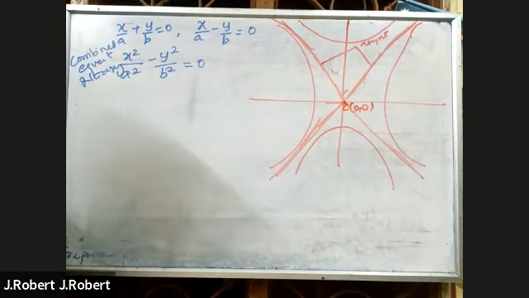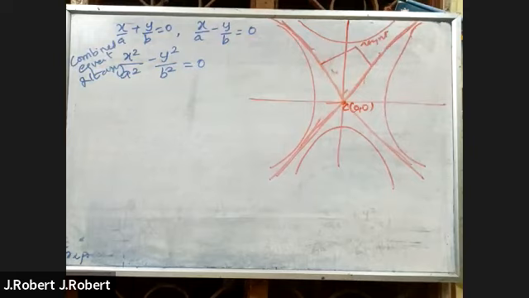From this we can understand one thing. Equation of hyperbola பாருங்க, x square by a square minus y square by b square equals to 1, isn't it? இங்க asymptotes உடைய equation பாருங்க, x square by a square minus y square by b square equal to 0. These two things differ only by the constant. So the equation of the hyperbola and the equation of the asymptotes differ only by the constant.